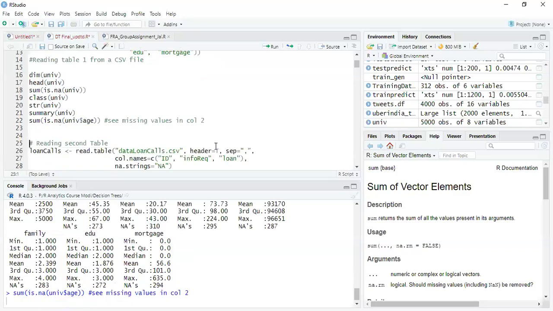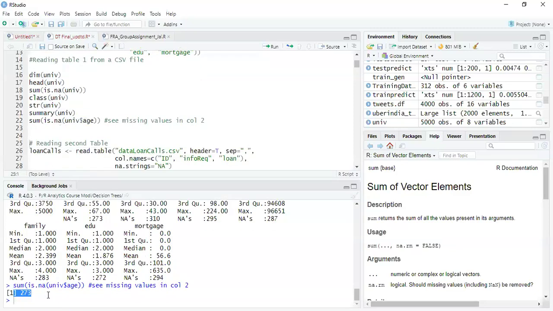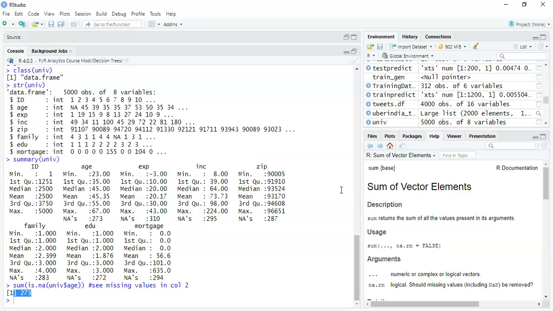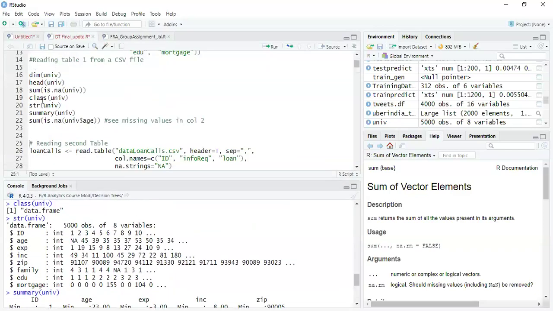If you execute, what we get is 273 cells in the age column are missing. The same if you look at the summary function under age, you have NA's, it is 273. So they are matching. You can check both ways, but I prefer summary. Structure and summary are the most important functions you should execute.